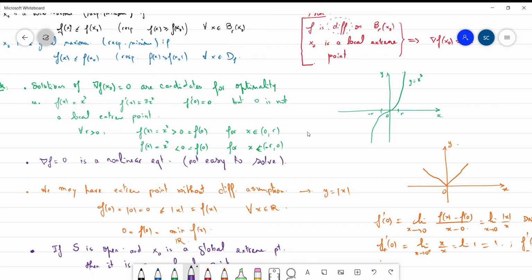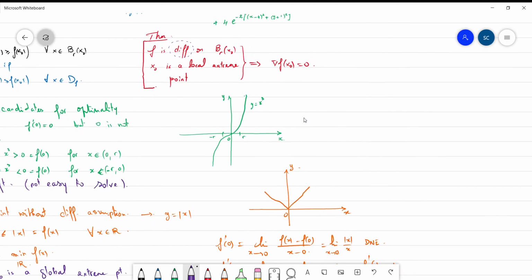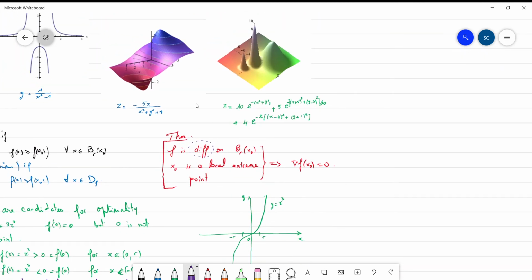So let's give a name to these points. For the point 0 of the curve y equal x cubed, remember, we called it an inflection point. There is this behavior also for functions of two variables.